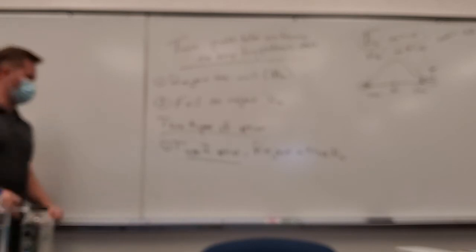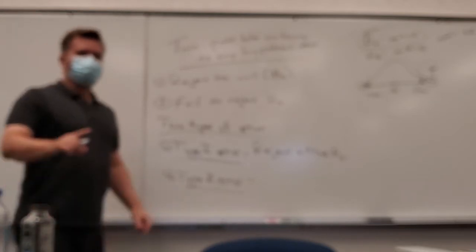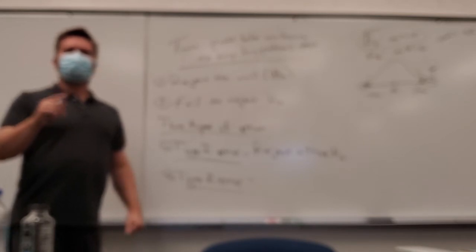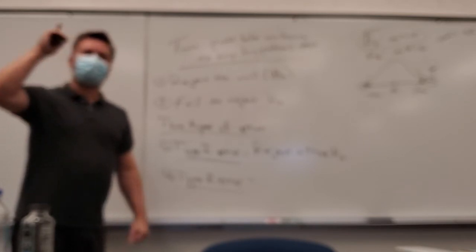So what do you think the type 2 error is? What's the only other thing we can do? We can either reject the null, and when is that wrong? It's wrong to reject it when it's actually right. So what is the other thing we can do, and when would it be wrong? Fail to reject. Yes? Fail to reject the true null. Wait, no. When do you want to reject it? You want to reject it when it's false.